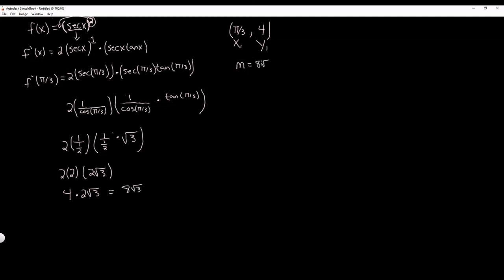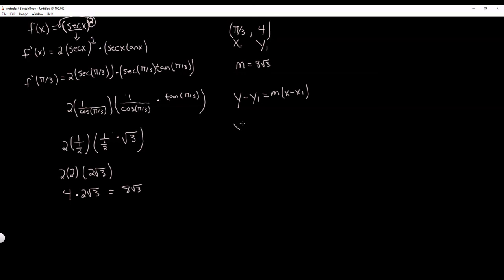And now that we have all the numbers we need, our x, our y, and our slope, we can plug it into our point slope formula. y minus y1 is equal to m times x minus x1.